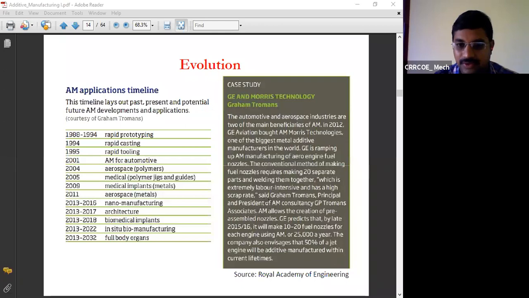When they went for additive manufacturing, it allows the creation of pre-assembled nozzles. In traditional manufacturing, they have to go for a separate assembly process. Producing parts is different and assembling parts is different. So here is the creation of pre-assembled nozzles when they adopt the additive manufacturing process.